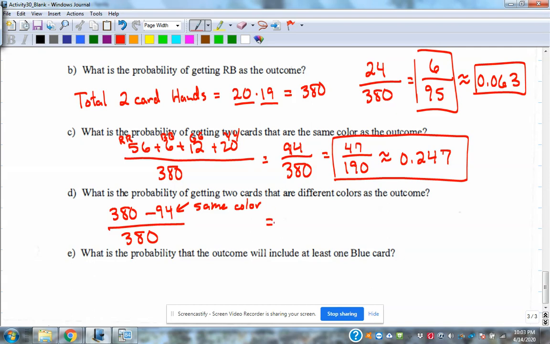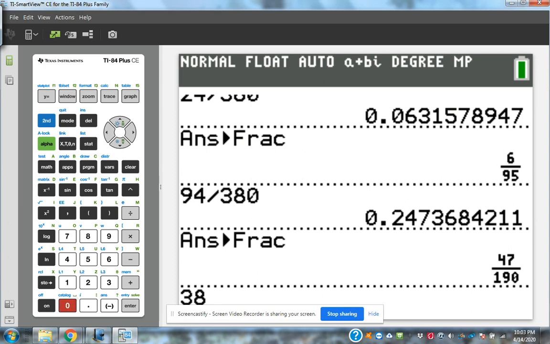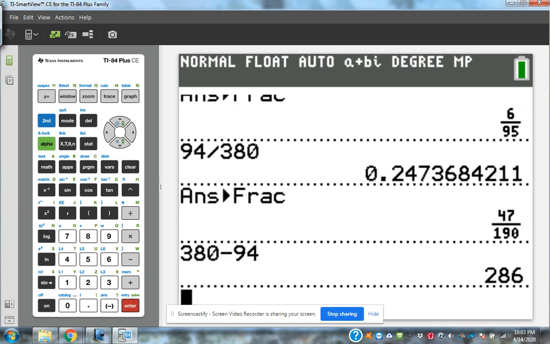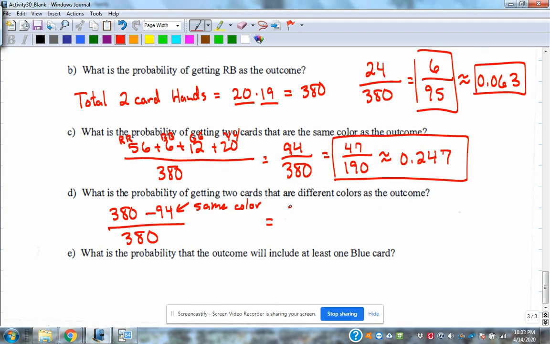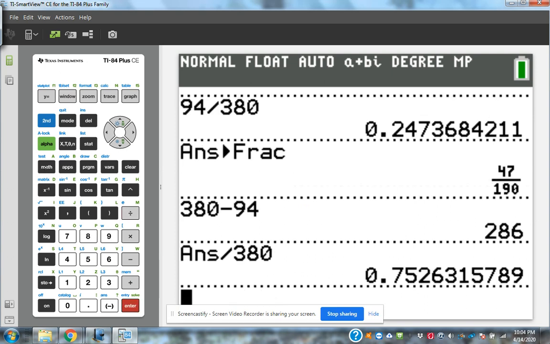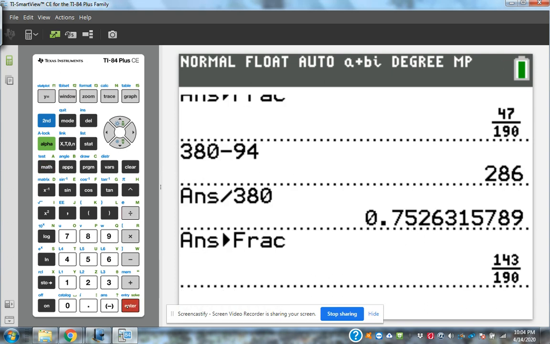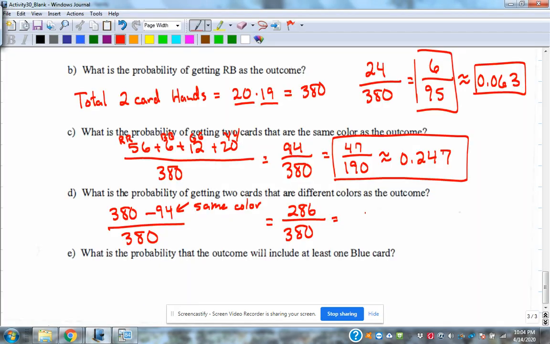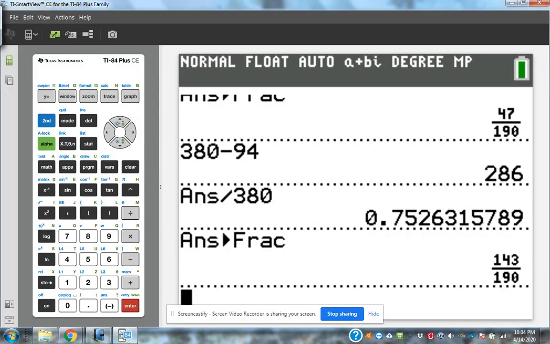Doesn't matter what kind of colors they have, but they're different colors. They're not the same color for the 2 cards. Okay, so 380 minus 94, 286 over 380. Enter, 143 over 190. 0.753.